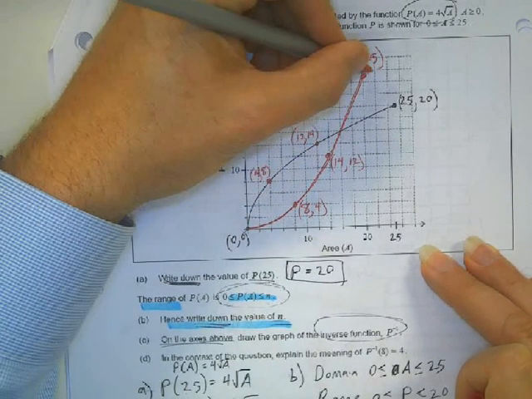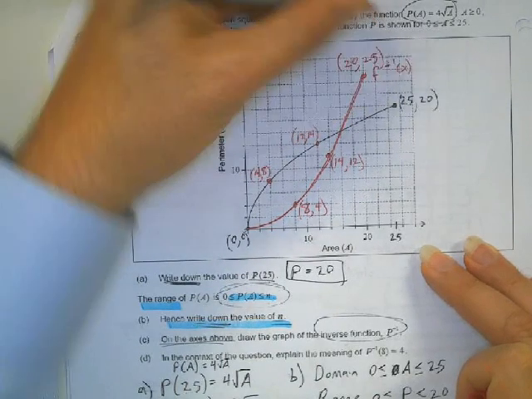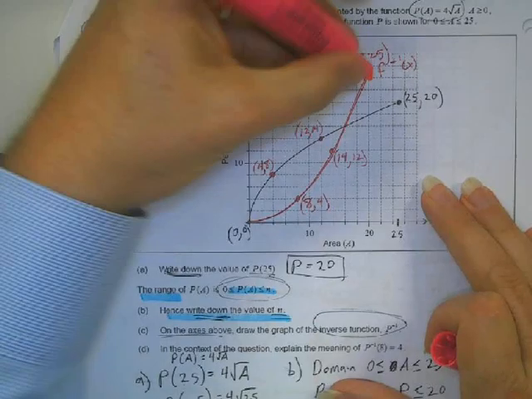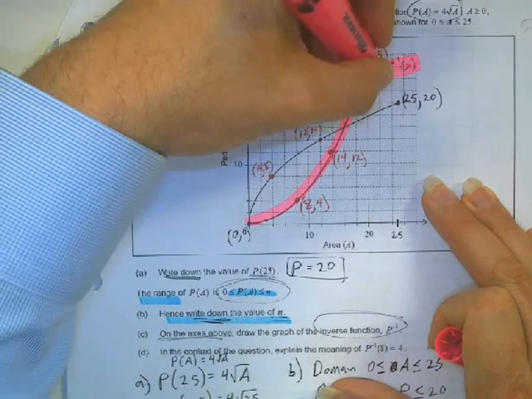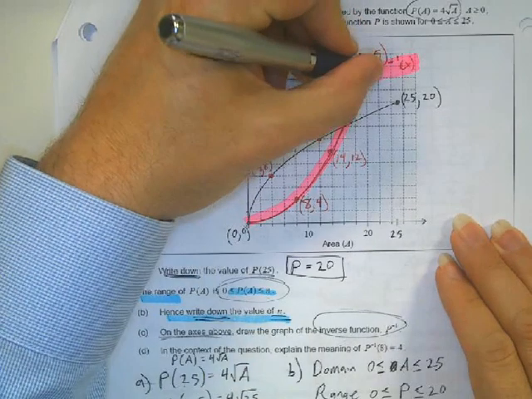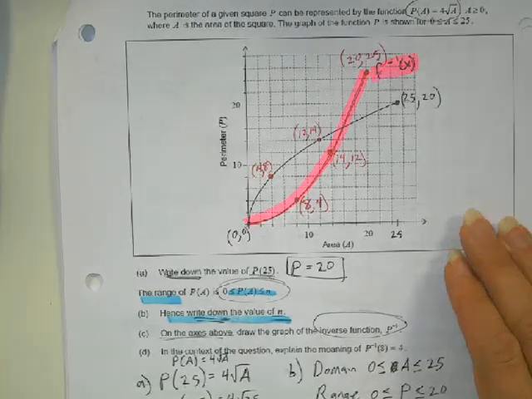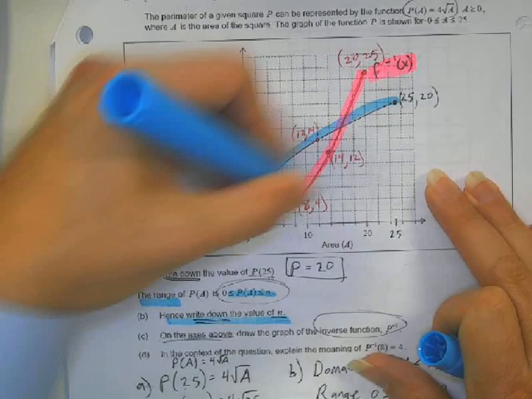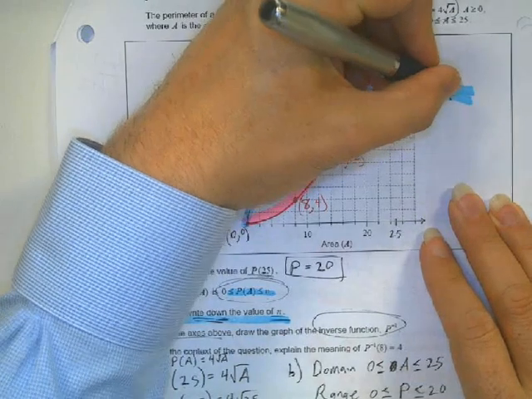And this is the inverse function. And this is my original function. This is f of x.